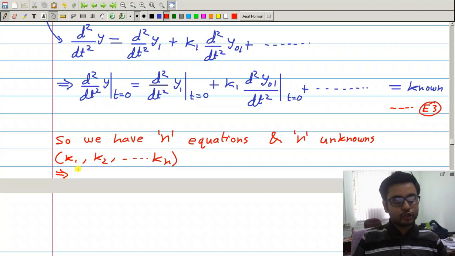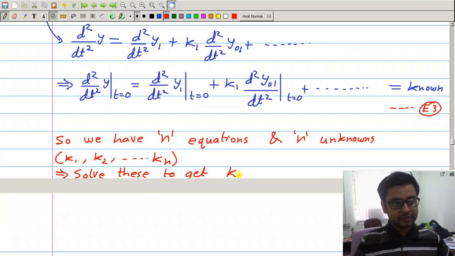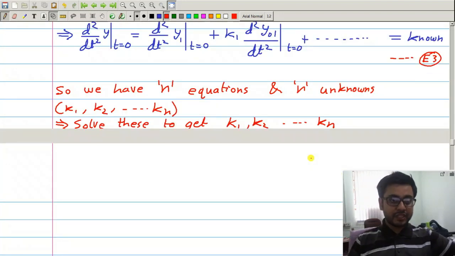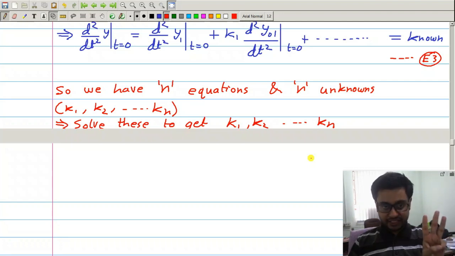So we can solve these n equations together to find the n unknown values. Solve this to get k1, k2 up to kn. So that was the recipe for how to get the output starting from the system equation, given input and given initial conditions.